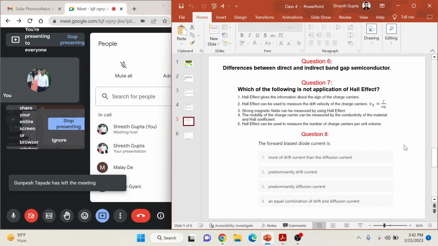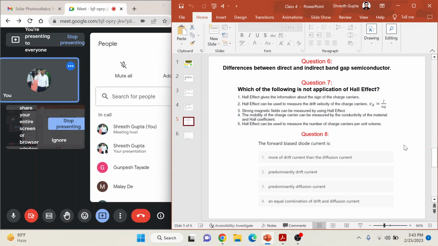Sir, in direct band gap, the conduction band minima and valence band maxima are at the same position. That's why the photon absorptivity is higher in direct, because here it has to travel less path to go from the conduction band to the valence band.